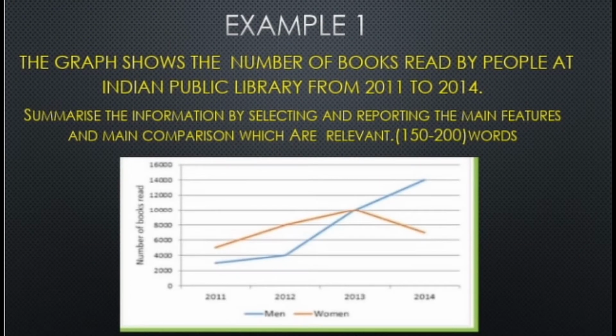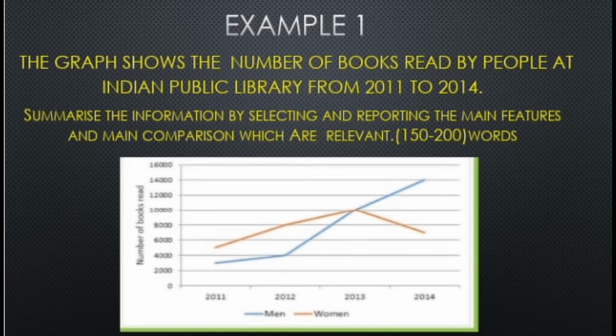So children, let's take an example here which is a line graph. The question is: the graph shows the number of books read by people at the Indian Public Library from 2011 to 2014.